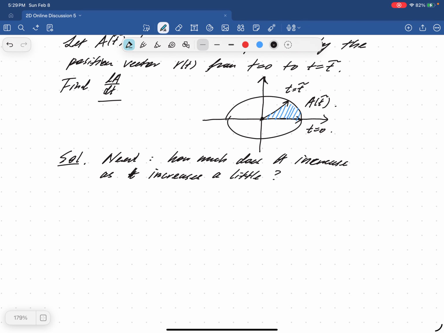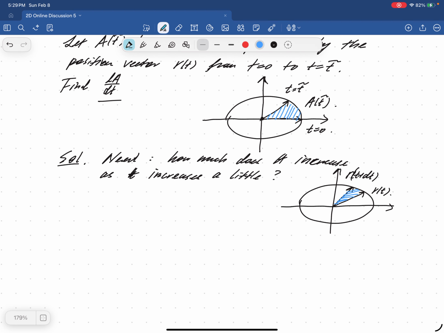So graphically, if this is my r(t), and this is my r(t + dt), where dt is a small increase in t, I just want to find the increase in area, which is this.